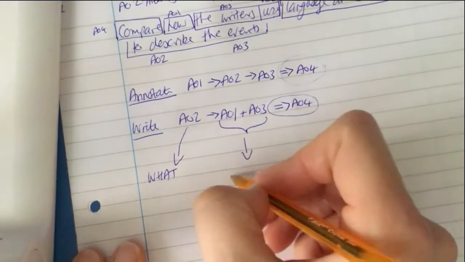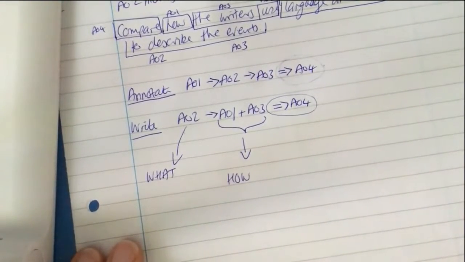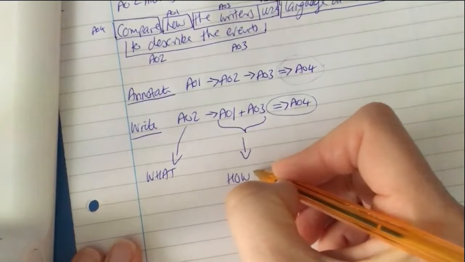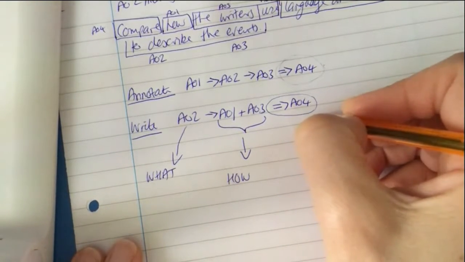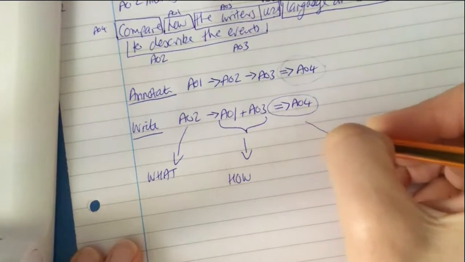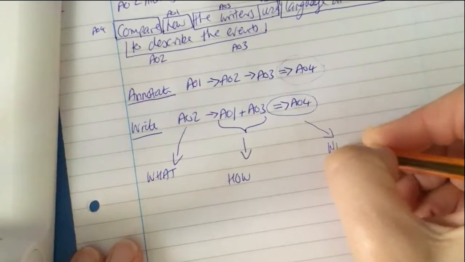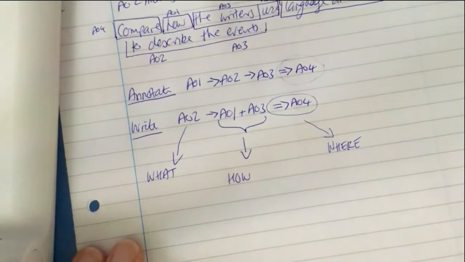How is that achieved? How has he been influenced? How has he used his words in order to achieve this? The AO4 becomes the where. Where else are you going to take this? Where are you going to make that comparison?